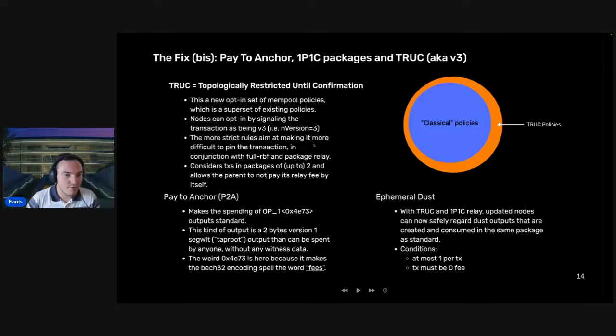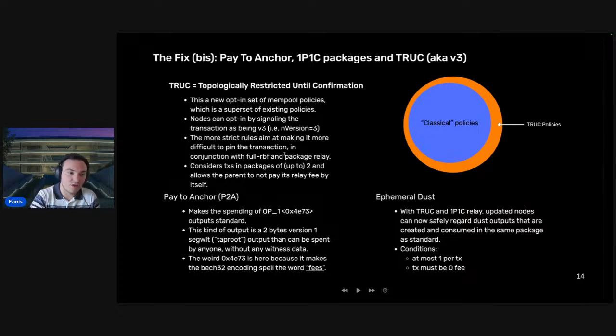And so you may wonder why we implement stricter rules with transaction V3. The goal is precisely to try to make it more difficult to pin transactions. And this works in conjunction with full RBF.